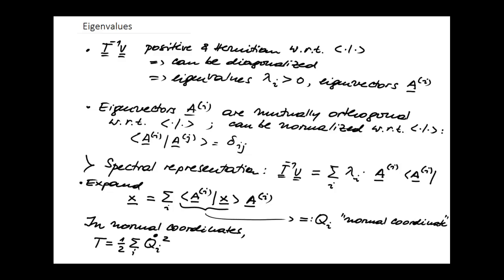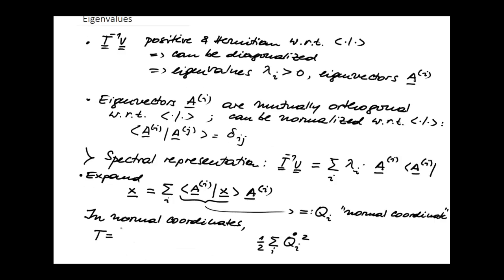And therefore, the scalar product of x dot with itself is simply the sum over capital Qi dot squared. Now the eigenvectors are constant in time. They are not functions of time. Only the coefficients, the normal coordinates, are functions of time.